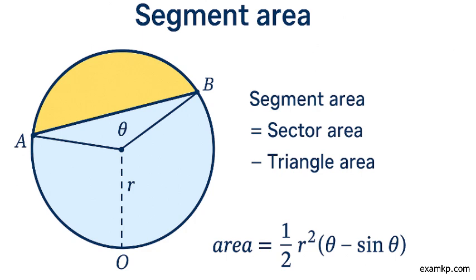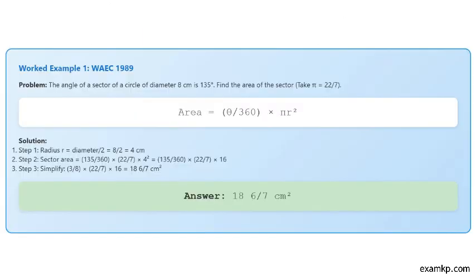Let's take some worked examples. WAEC question number 1, 1989. A sector of a circle of diameter 8 centimeters has an angle of 135 degrees. Find its area. Take pi equals 22/7. Now the radius of the circle is 4 centimeters because the diameter is 8.